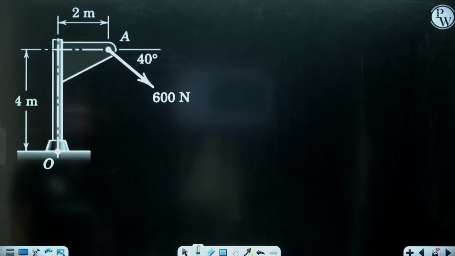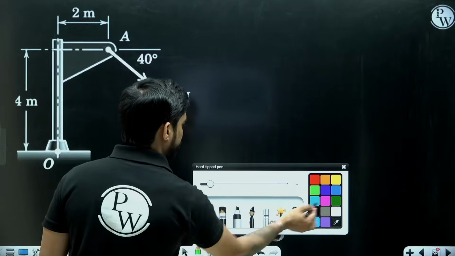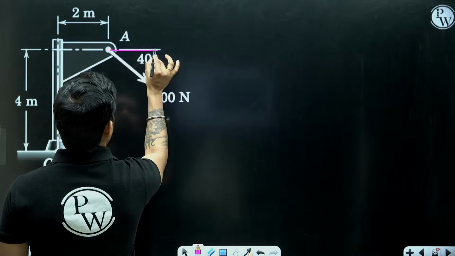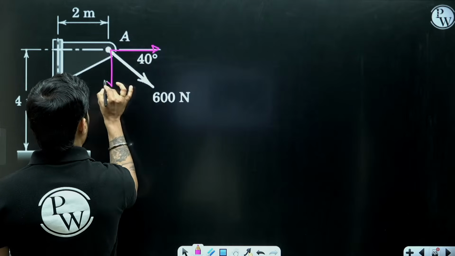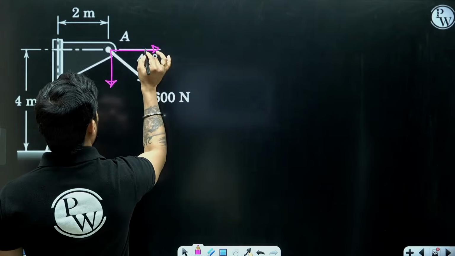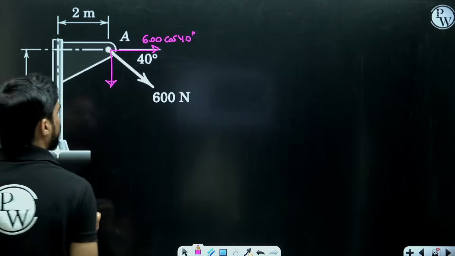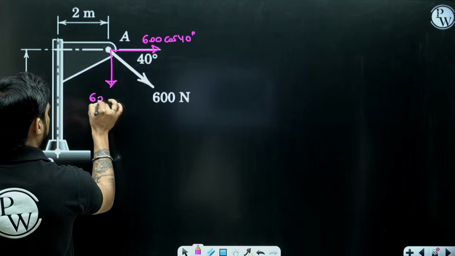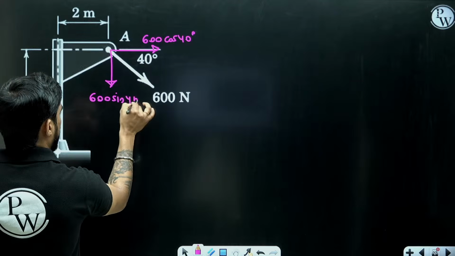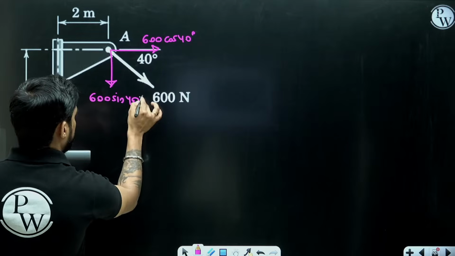So if I resolve the 600 Newton force into two components, this component will be the cos component because it is making the angle with the force. So 600 cos 40 and 600 sin 40.